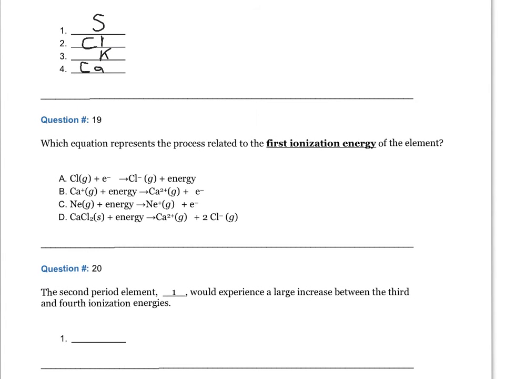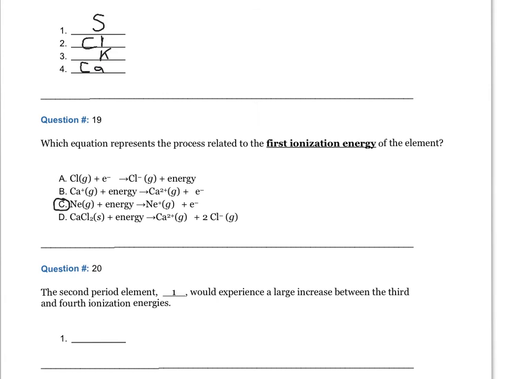Next question. Which equation represents the process related to the first ionization energy of the element? The answer is C. Next question.